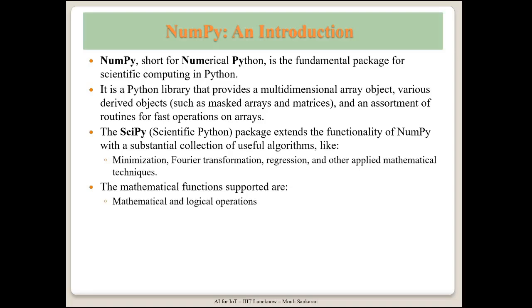Now, what are the other mathematical functions supported here? Logical operations, also a lot of trigonometric, vector multiplication, matrix multiplication, all those things are done. You can manipulate data shape. Shape means the dimensions of the data. We can do sorting and selecting on an existing data set.